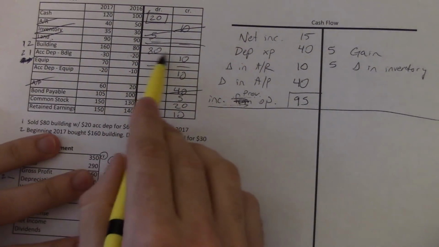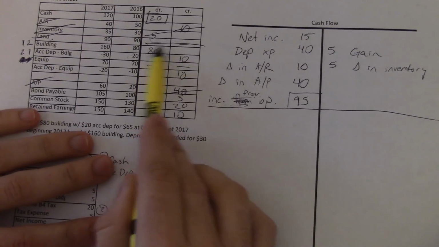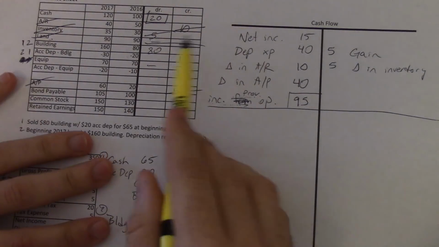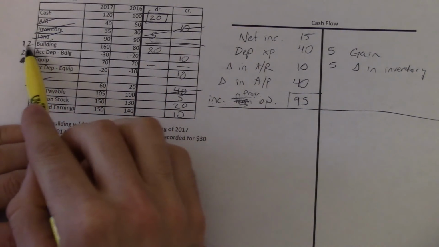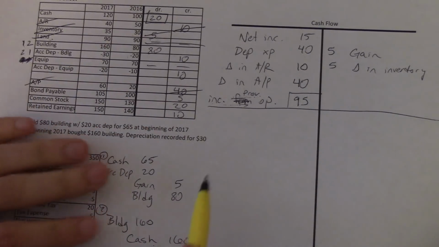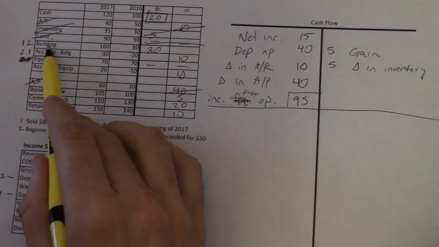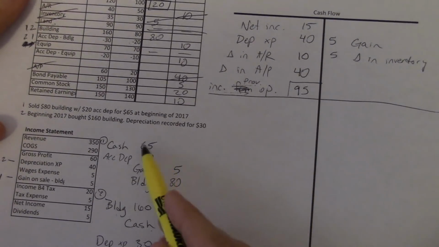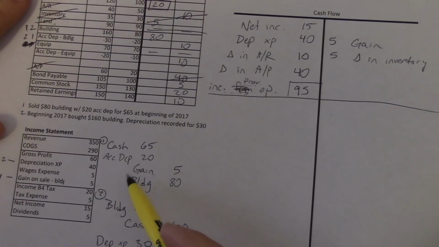So the building, we increased by 80, a debit of 80. So you would think we would credit 80 on the cash flow, but we won't do that because we've got some supplemental information that is occurring, which might complicate something. So we're looking at the building. It's being affected in 1 and 2, which is true.